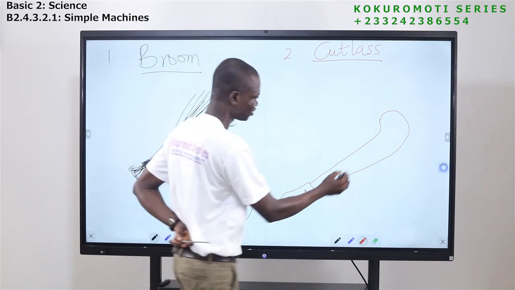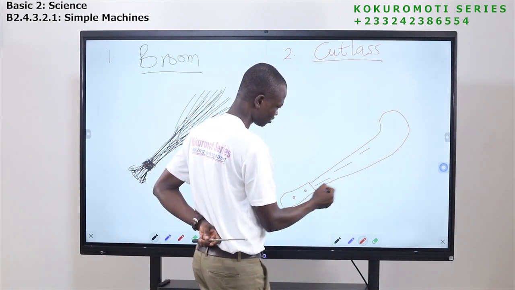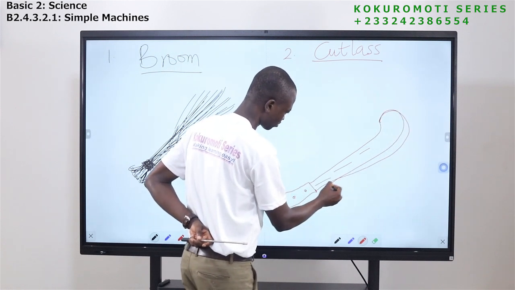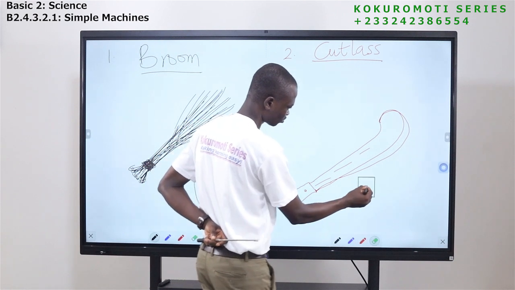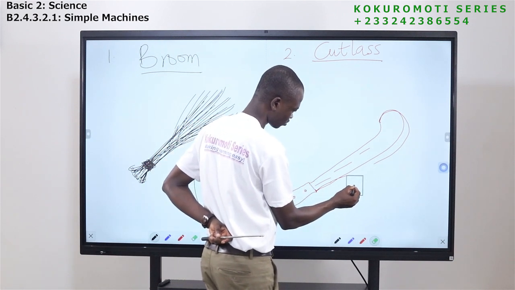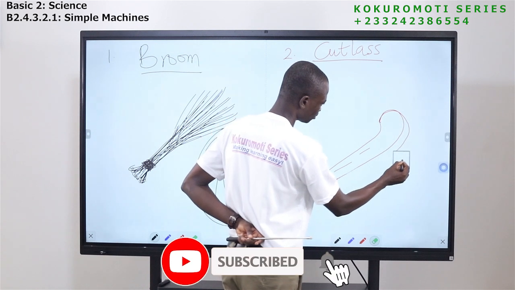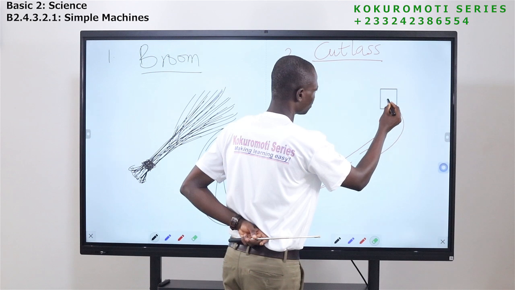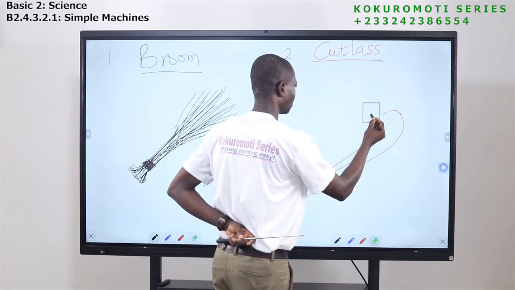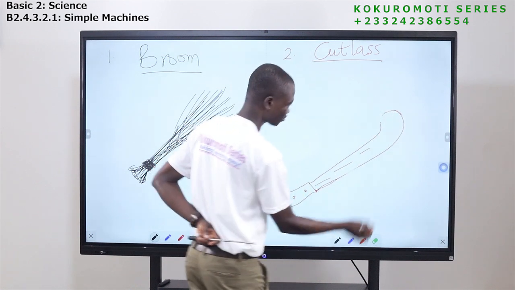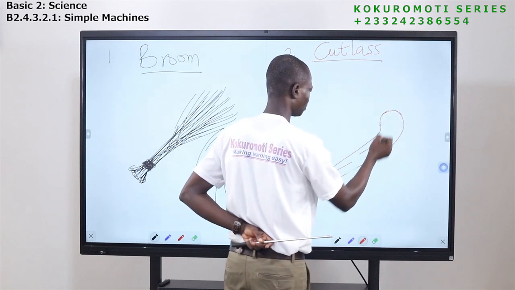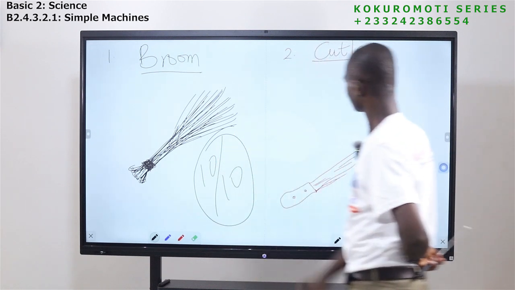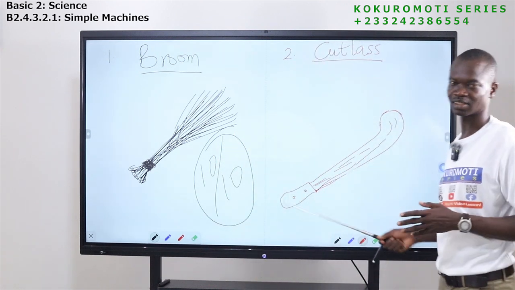Okay, so this is cutlass for you. So these are two simple machines.